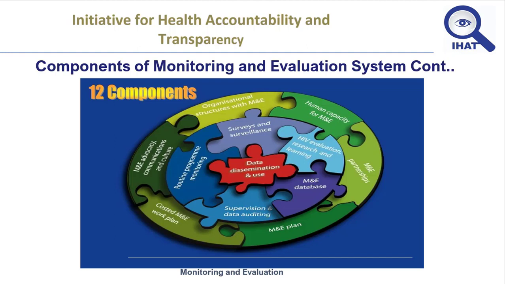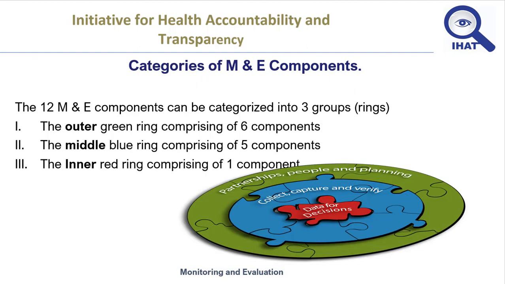There are 12 components of an M&E system, and they are often classified or grouped into 3 categories, or what we call the rings. The 12 components can be categorized into 3 groups: the outer green ring comprising 6 components, the middle blue ring comprising 5 components, and the inner red ring comprising just 1 component.